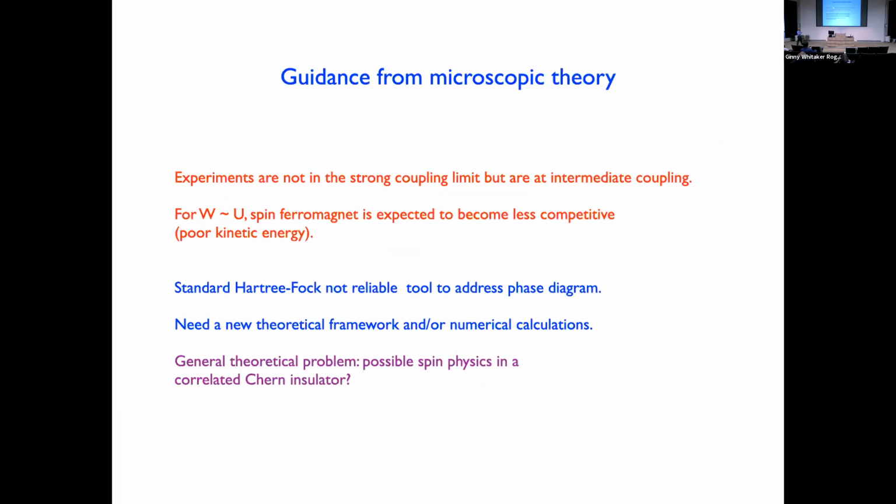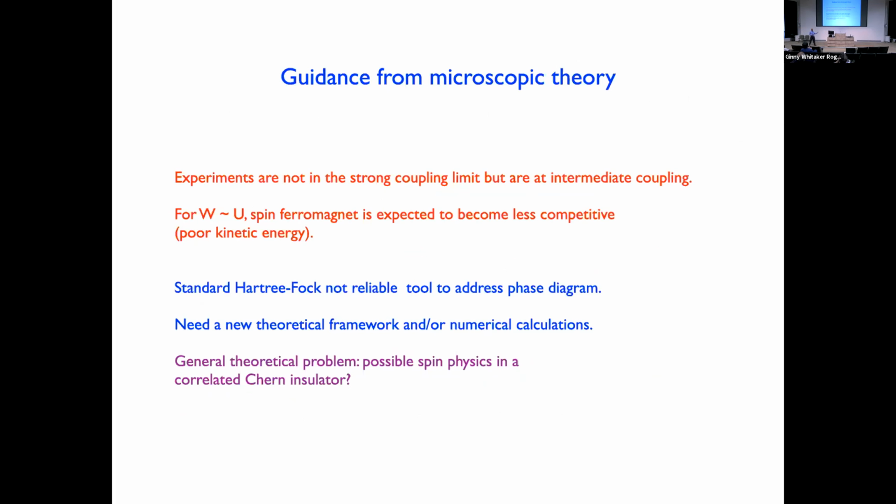So what can you say from microscopic theory, right? The experiments are not actually in the strong coupling limit, which is where we have good confidence that you'll have spin and valley polarization, right? But they're at intermediate coupling. Now, once the kinetic energy increases, the bandwidth increases, spin ferromagnetism is expected to become less competitive because it does very poorly on kinetic energy.